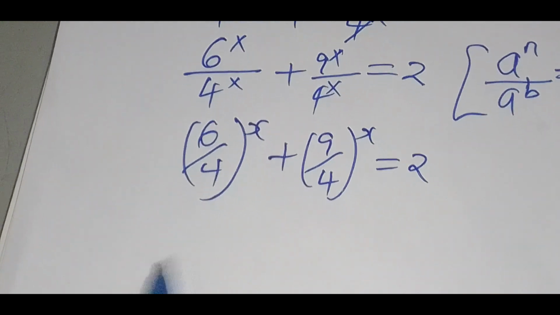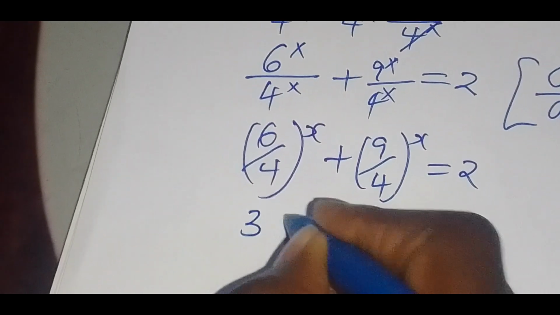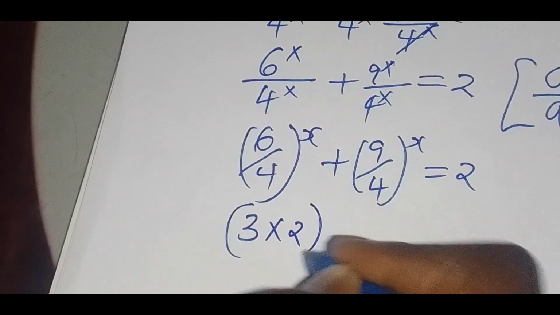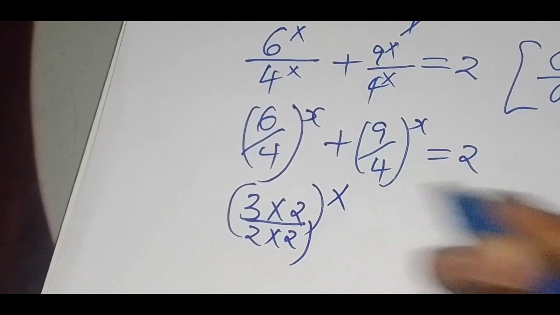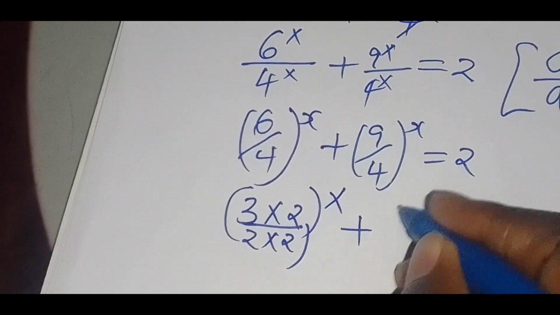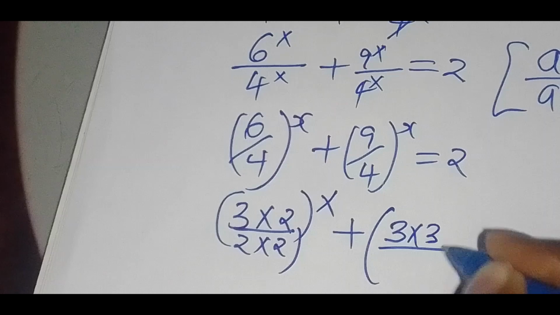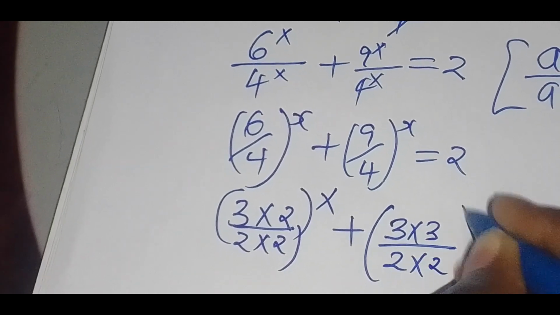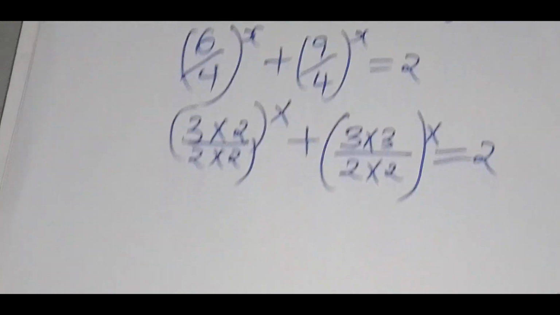Alright, now we can write this 6 over 4 as 3 times 2 divided by 2 times 2, raised to the power x, plus, now this is 3 times 3 divided by 2 times 2, raised to the power x. This is equal to 2.